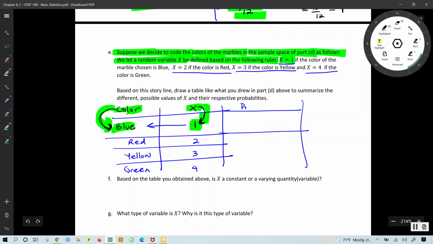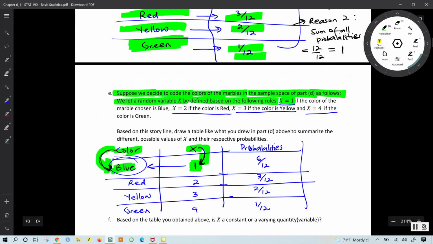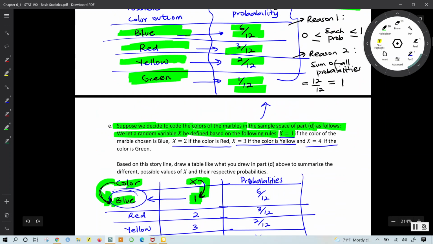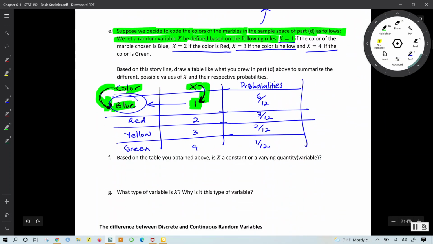So we can document the probabilities here too. The probabilities associated with each possible outcome: 6 out of 12, 3 out of 12, 2 out of 12, and 1 out of 12 that we got earlier. Recall? All right. Now I have converted each of the possible outcomes to numbers.